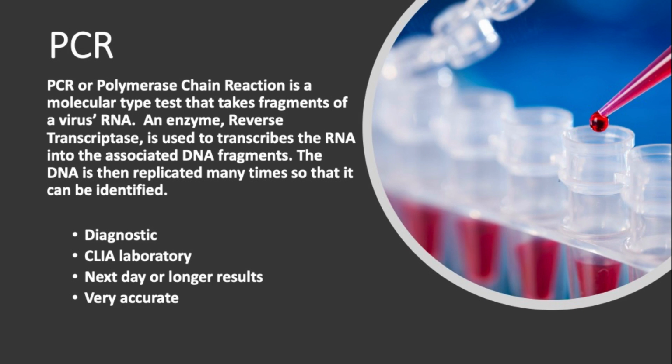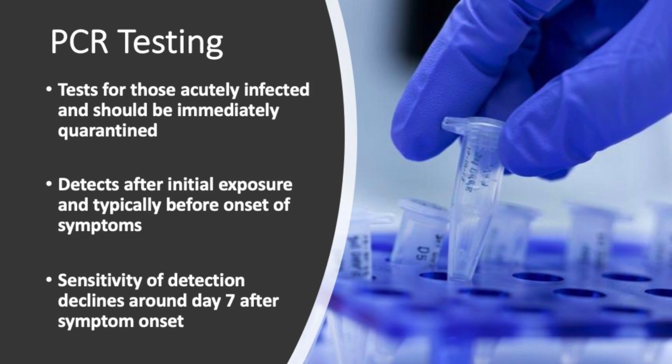These tests are very accurate. They're 100% accurate for the most part, as long as there are no mistakes done in the test itself. Tests should be for those acutely infected, and those who are tested with PCR should be quarantined. It detects after initial exposure, so somewhere in the incubation period of the virus, a PCR will pick up the virus RNA.